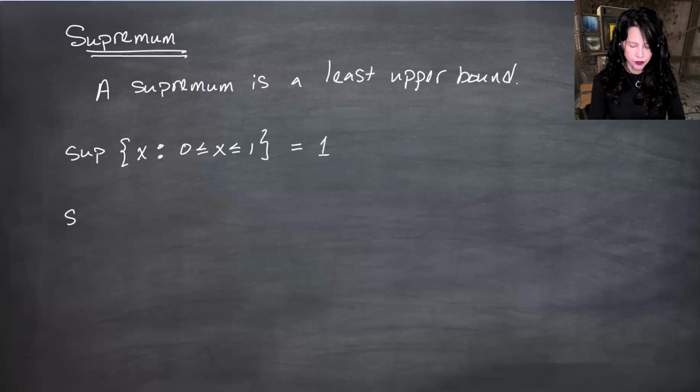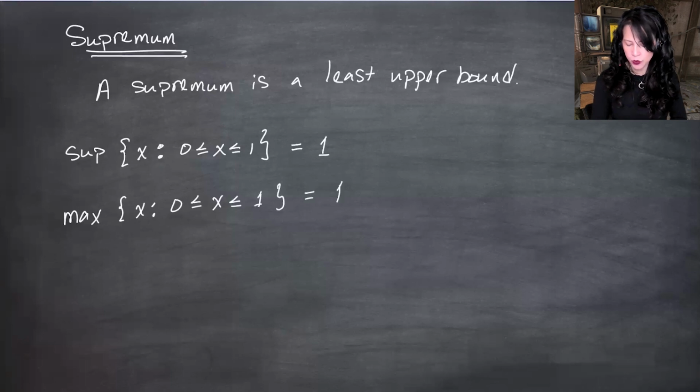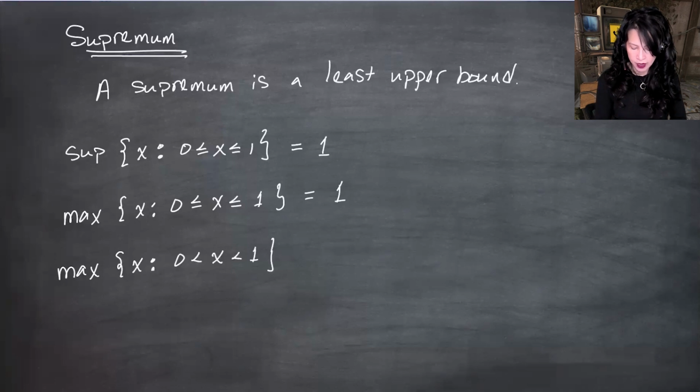If you want to look at the maximum x in this set of x's, that is also 1. Suppose you want to look at the maximum x in the open interval as x goes from 0 to 1, but not including the endpoints. In this case, there is no maximum.